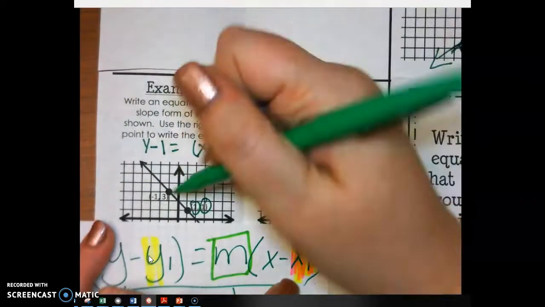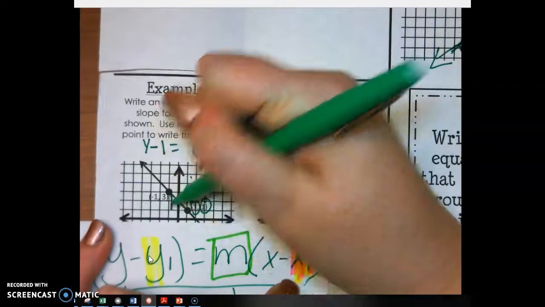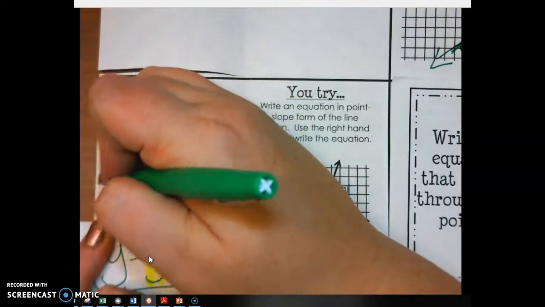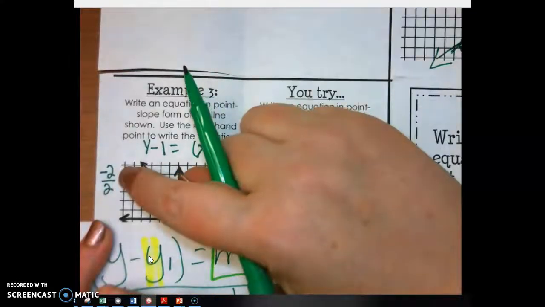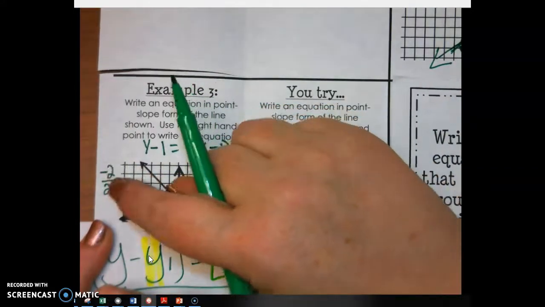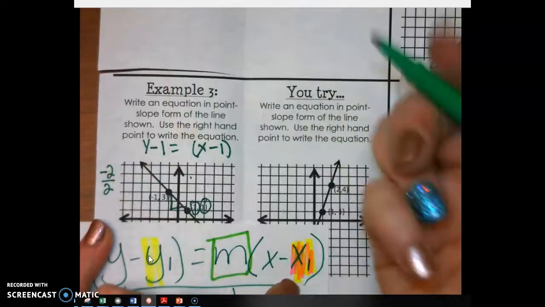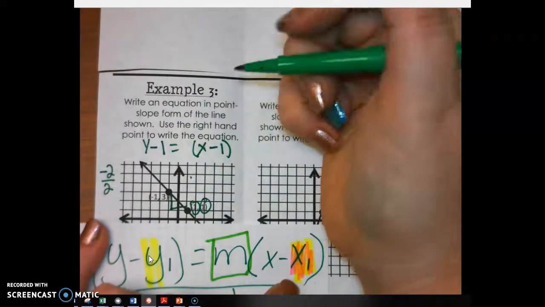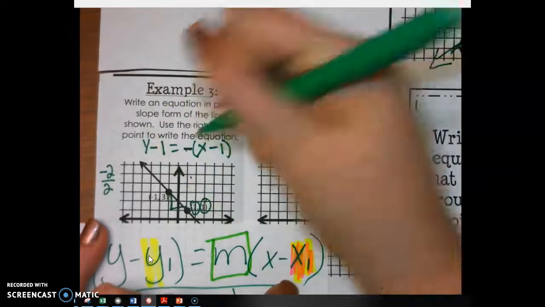Okay, now my slope. I go down 2 over 2. Well, what does this slope work out to be? 2 divided by 2 is 1, and it's a negative, so that's a negative 1. Do I need to write negative 1? Oh, no. I can just write negative.